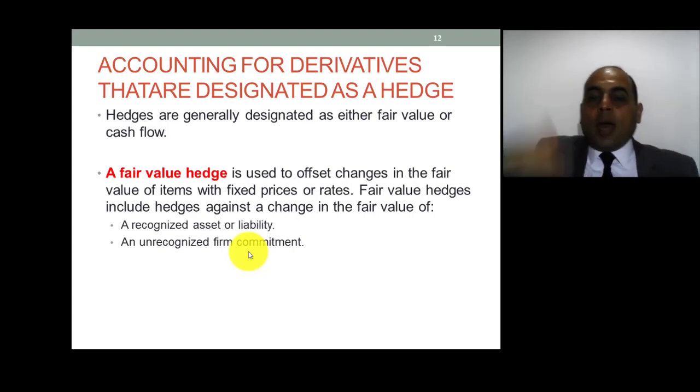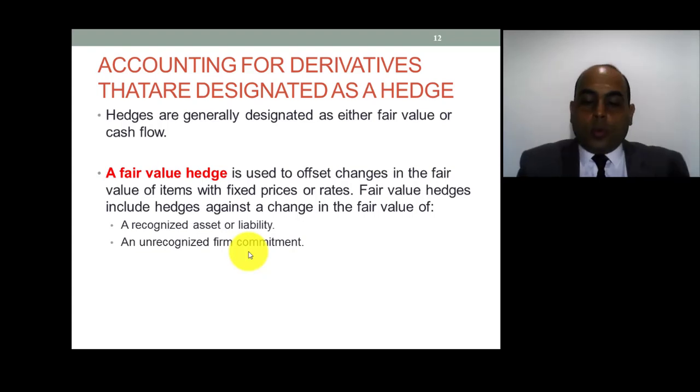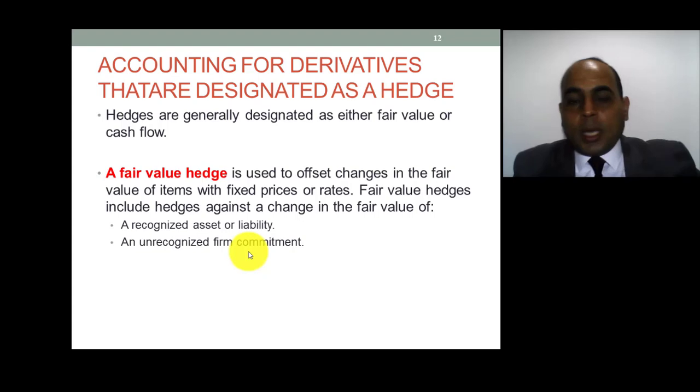So, on the other hand, to protect ourselves against dropping prices, we may enter into a forward contract or future contract to sell the same amount of these goods. In the next videos we will discuss the accounting treatment with a numerical example.